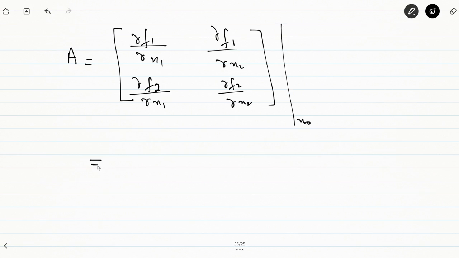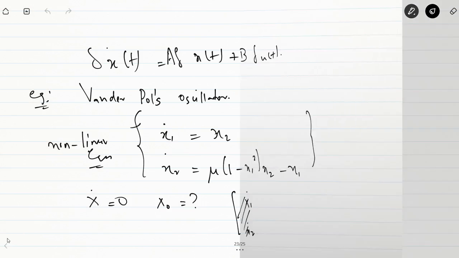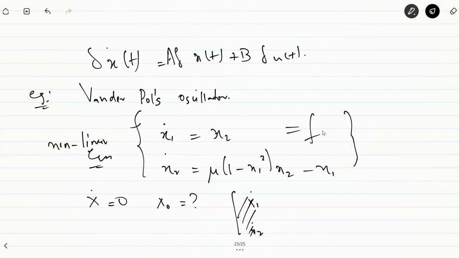Okay. What is delta F1? F1 is the first equation, and this is our first equation, F1, and this is F2. F1 is x1 dot equal to x2.